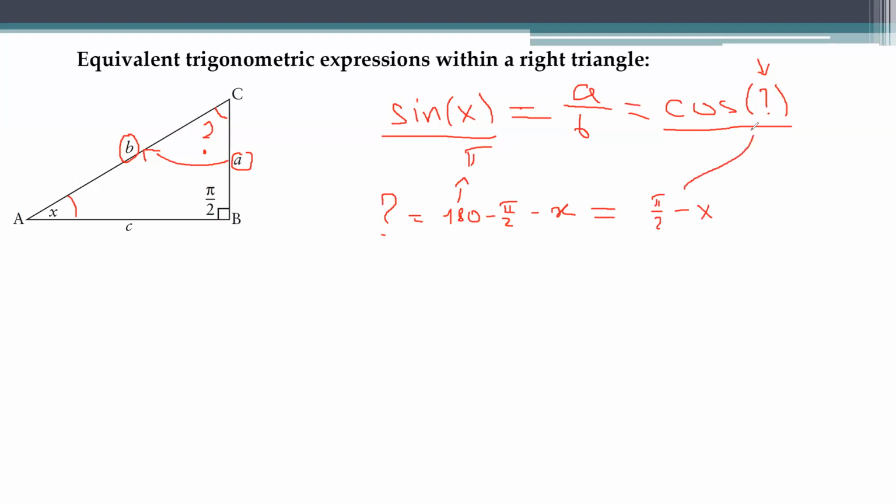So we substitute this into brackets, and what we get is that sine x is equivalent to cosine of pi over 2 minus x.